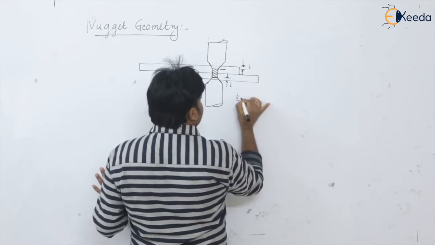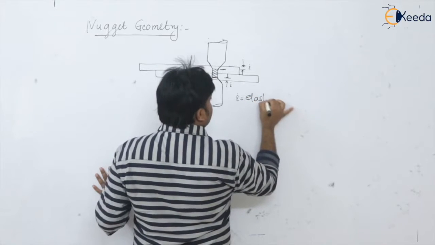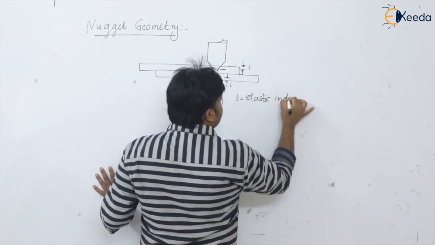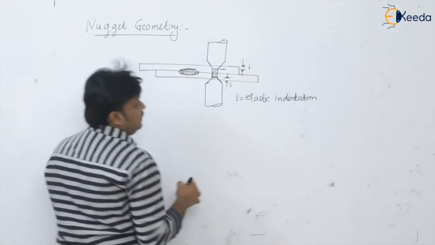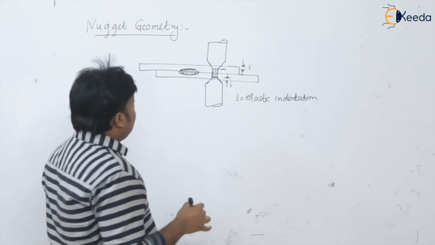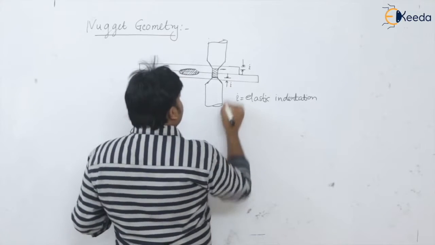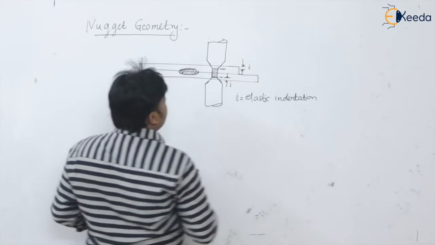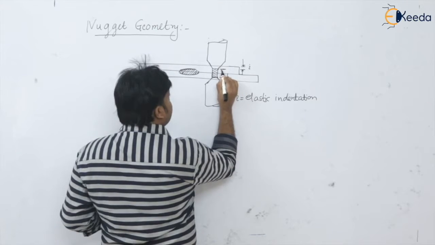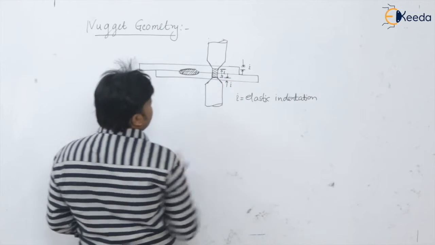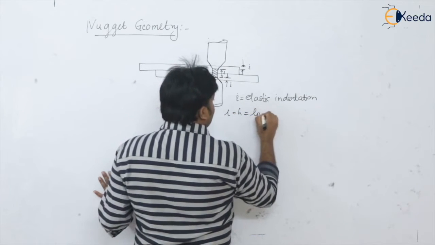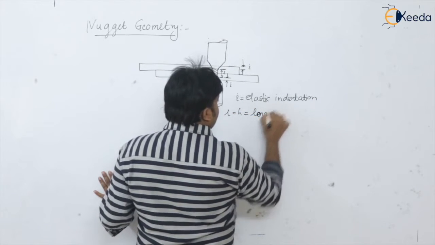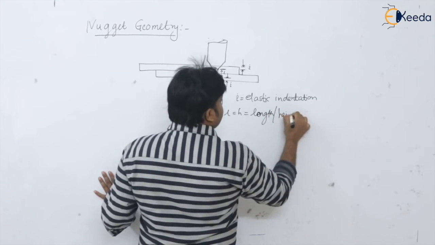I is the elastic indentation of the electrode into the plate. For the cylindrical nugget, this is the length or height of the nugget. L or H is the length or height of the nugget.